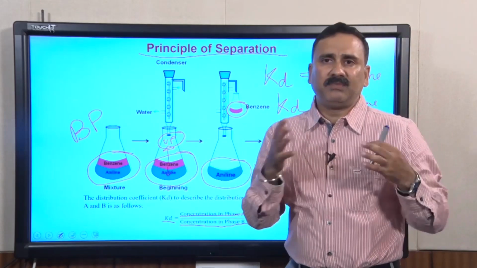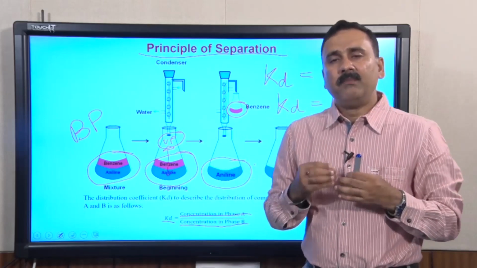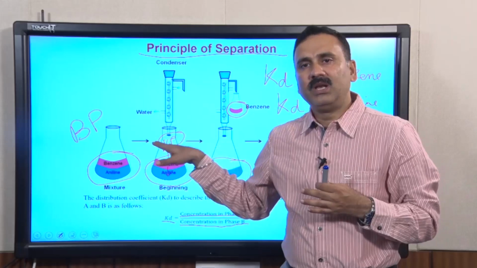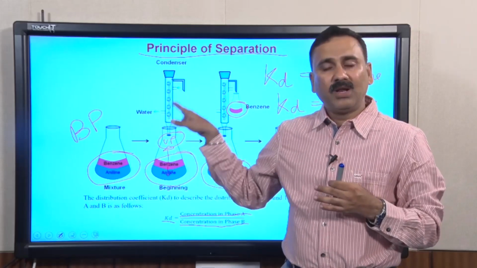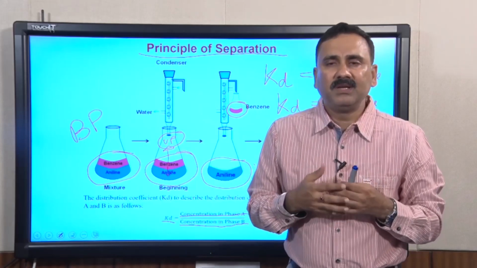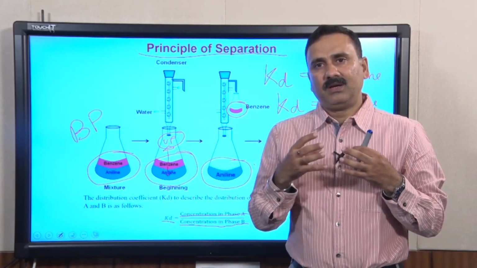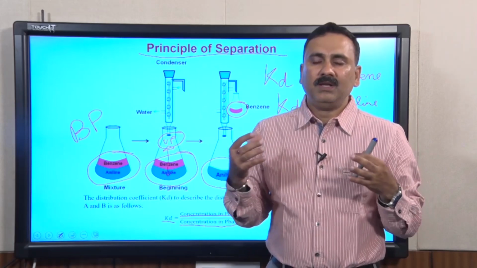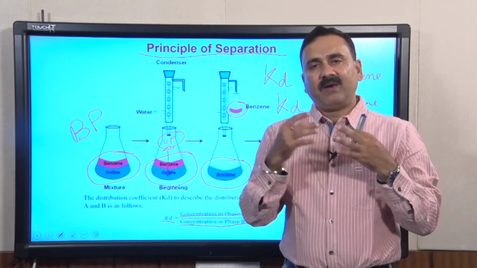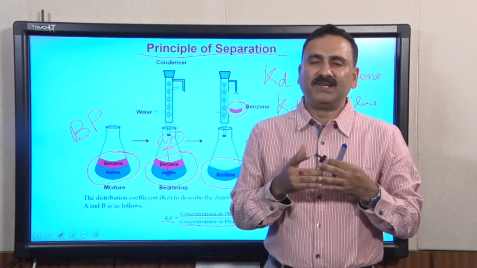So, this is the basic principle of separation, but as far as proteins are concerned, you cannot use the boiling point or melting point or any such criteria to separate proteins, because proteins are very delicate molecules, they are gentle molecules, having defined, predefined three-dimensional structures.